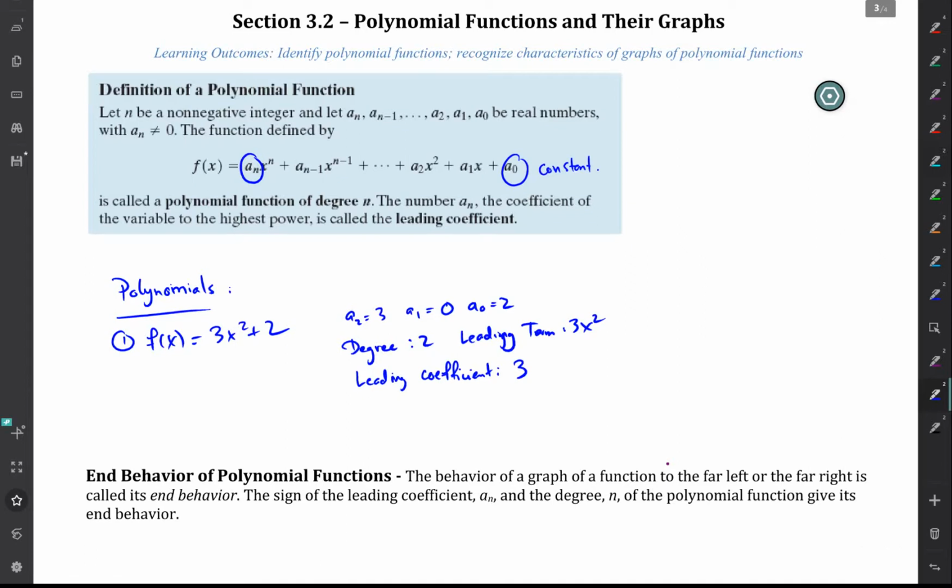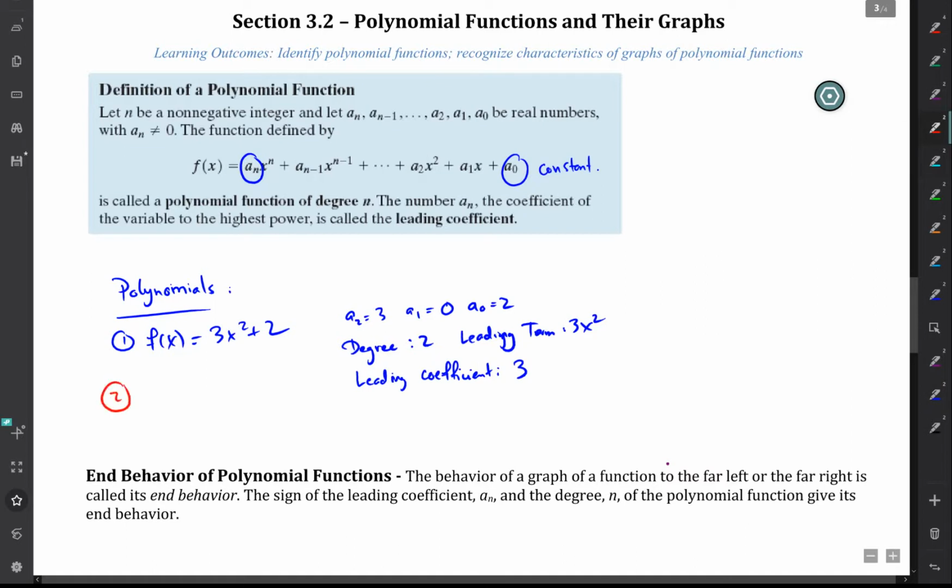Now example 2 would be something like g(x) = pi times x^4 + the square root of 2 times x + 7.